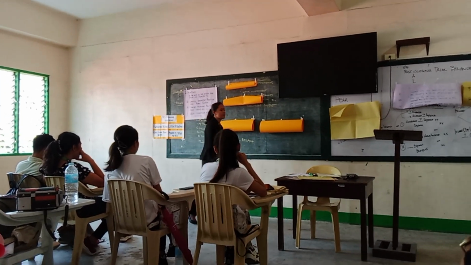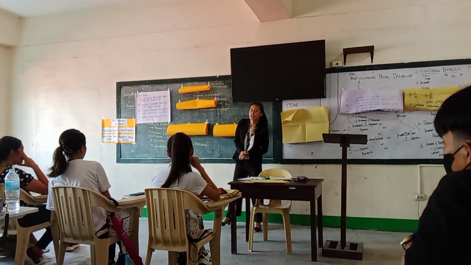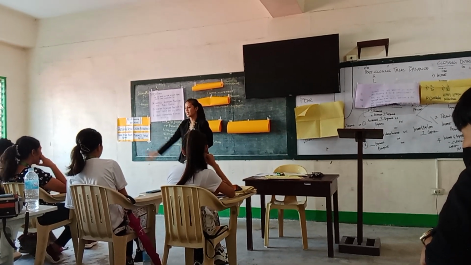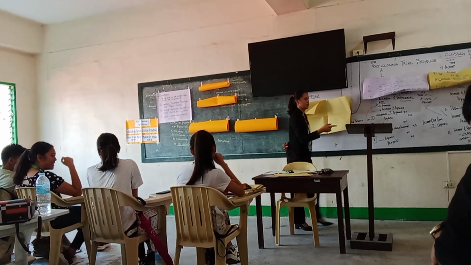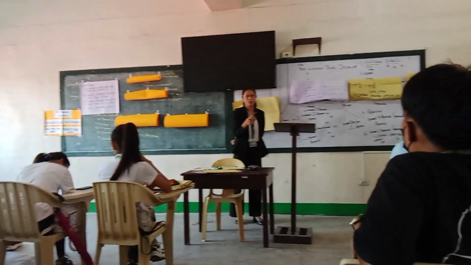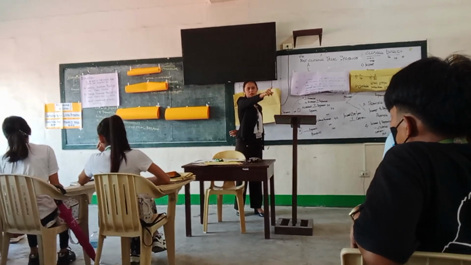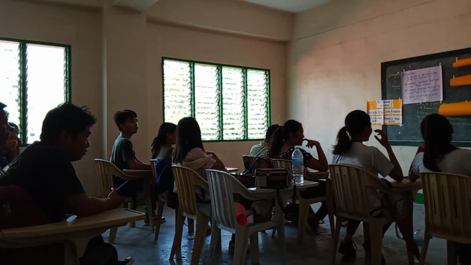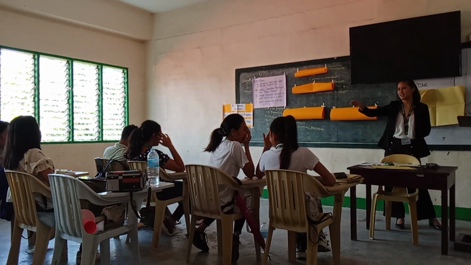So now I will give you an activity. I will group you first into 3 groups. But before that, can you count off 1 to 3? 1, 3, 2, 3, 1, 2, 3, 2.